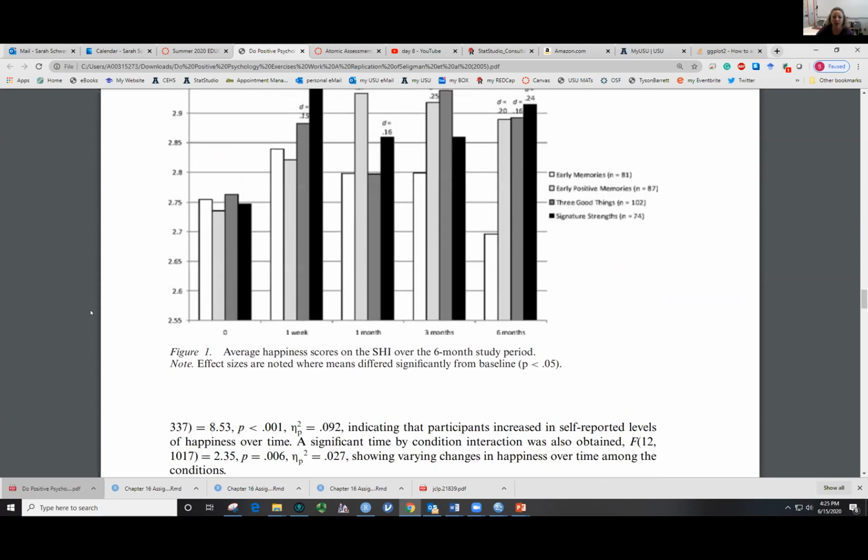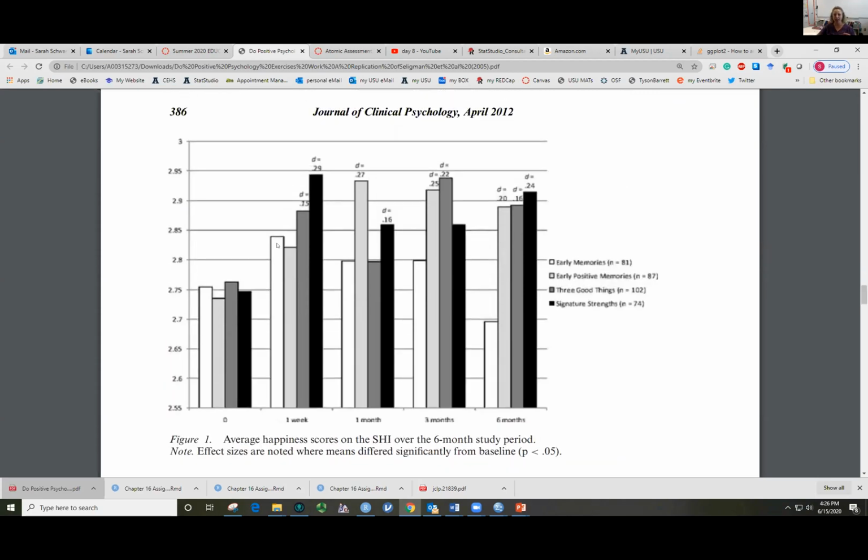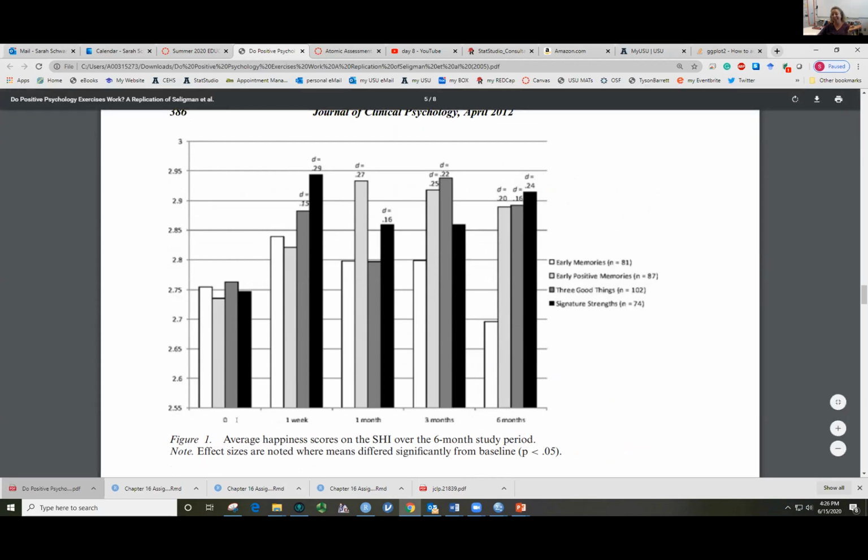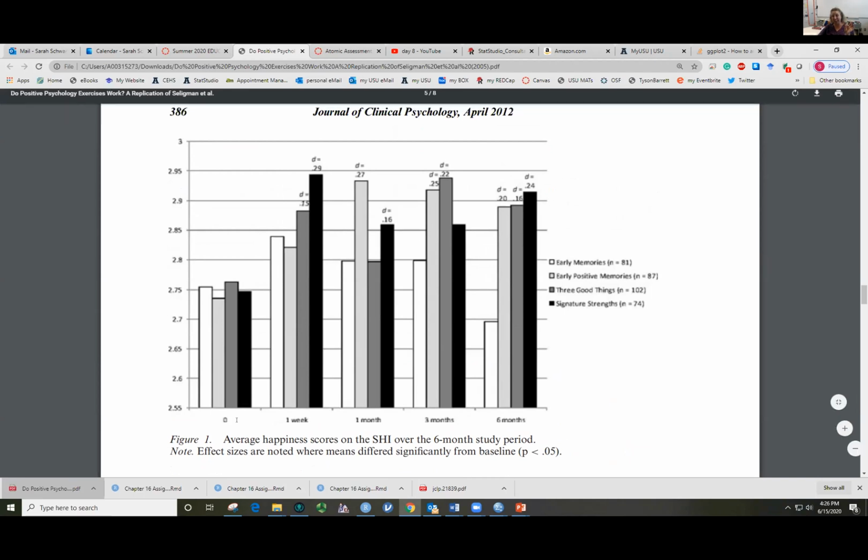Well, if we've got 4 groups and 5 time points, that's 20. If they did all pairwise, it would be any one of the 20 compared to any other. They didn't do that. They only compared each of the times, 1 week, 1 month, 3 months, back to baseline. They did 4 pairs per group, so they only did 16 pairwise tests. But 16 is a lot.